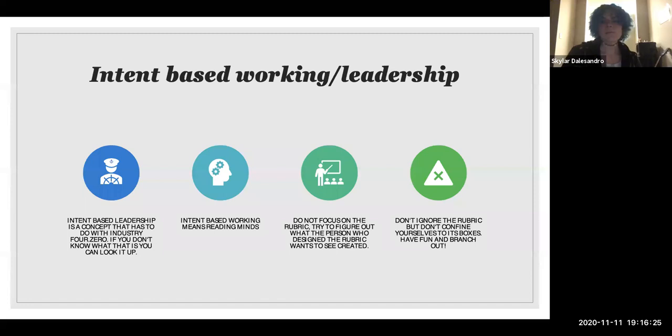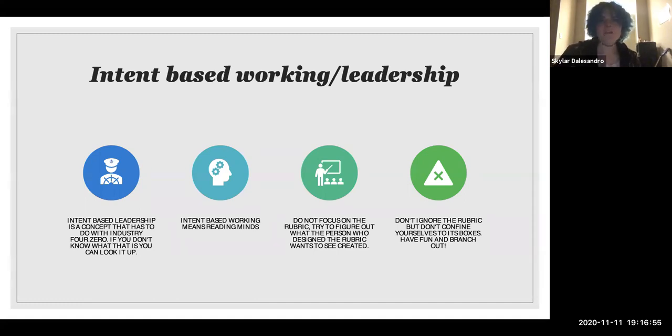So what it means basically is that with most industries, you're handed, say, a grading rubric or something similar: this is what I want you to accomplish. Don't look at the rubric. I mean, look at the rubric, definitely, but don't work based on checking boxes off the rubric so much as work based on figuring out what the person who designed the rubric wants to see.